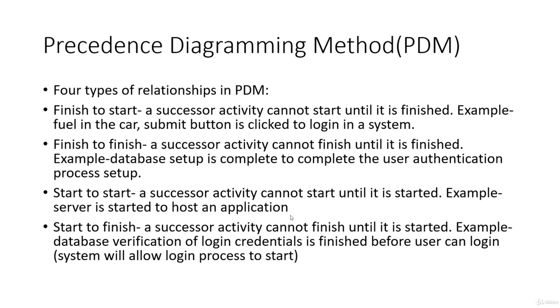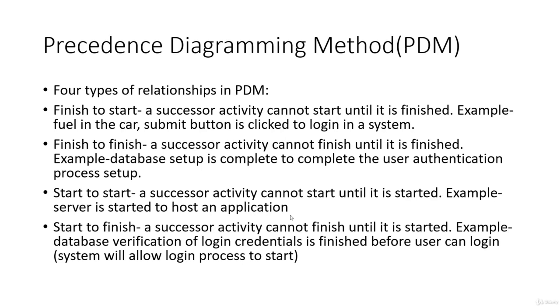Similarly, we have finish to finish. Here, both activities are finishing, but the dependent cannot finish until the successor activity is finished. So unless database setup is completed, we cannot complete the authentication process. And then we have start to start.